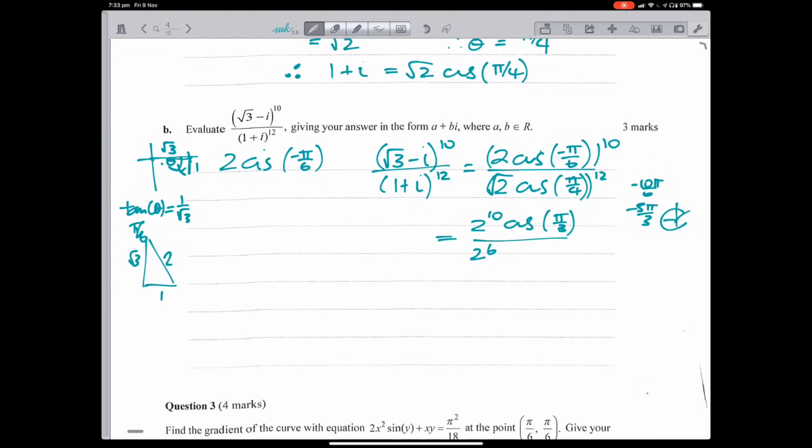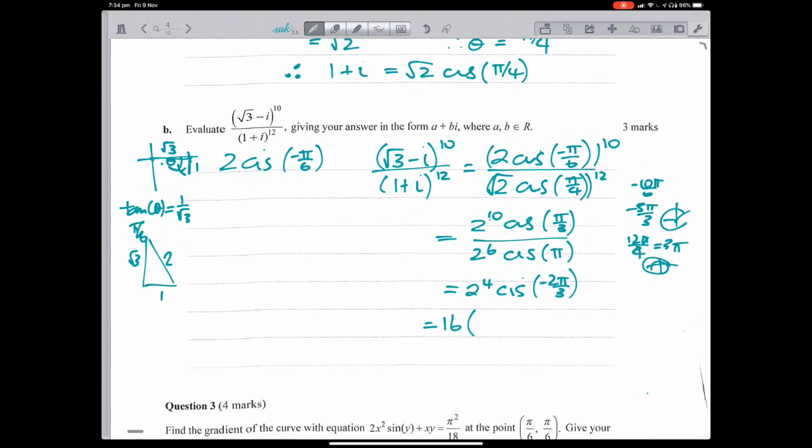Cis of 12 pi on 4 is 3 pi, which we know is equivalent to pi. So cis of pi. Then I've got 2 to the 10 on 2 to the 6, which is 2 to the 4. Cis pi on 3, take away pi, is negative 2 pi on 3, which is equal to 16 times cos of negative 2 pi on 3.